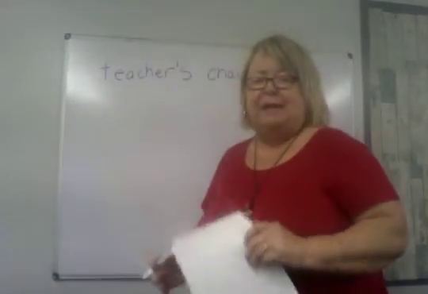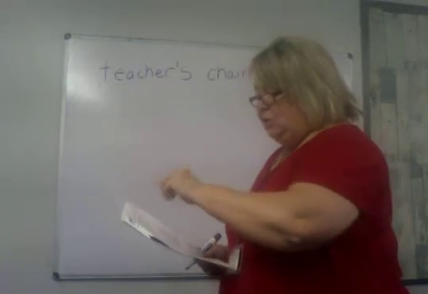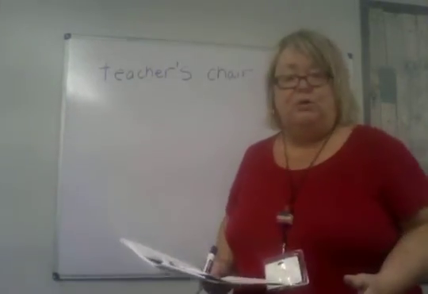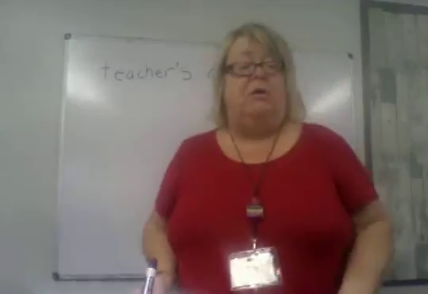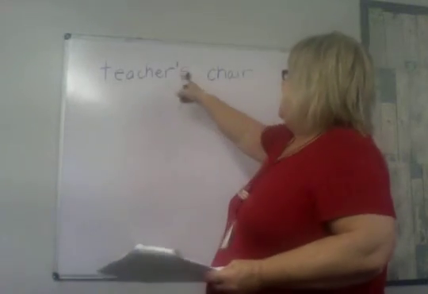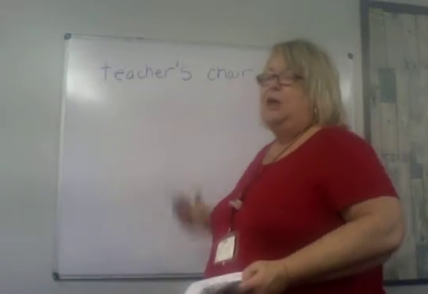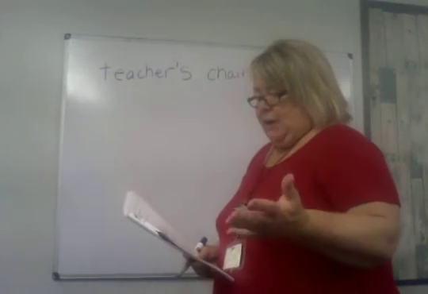It's what you should write in the blank for number 1, because the chair belonging to the teacher. Who has the ownership? The chair doesn't have the ownership. The teacher owns the chair. The chair doesn't own the teacher. So teacher's chair. The apostrophe S shows ownership, shows possessive. You're going to do that all the way through.